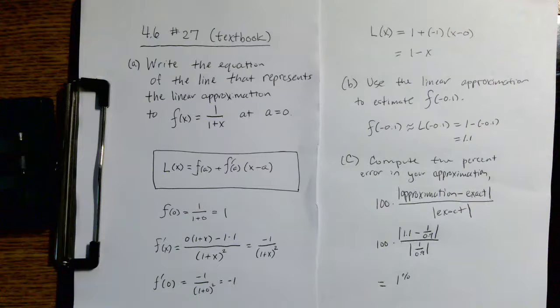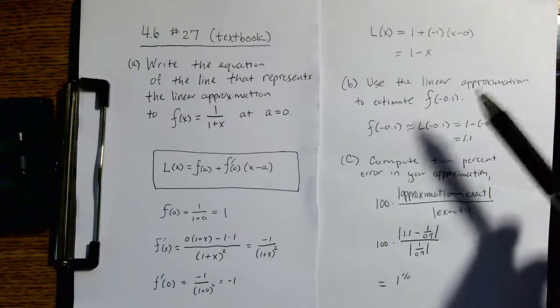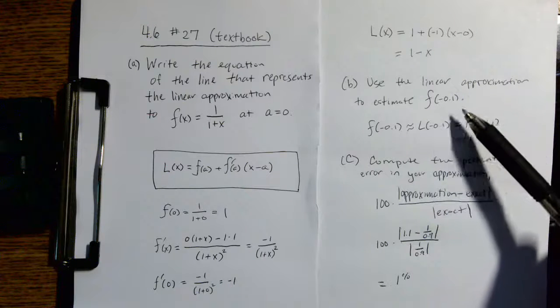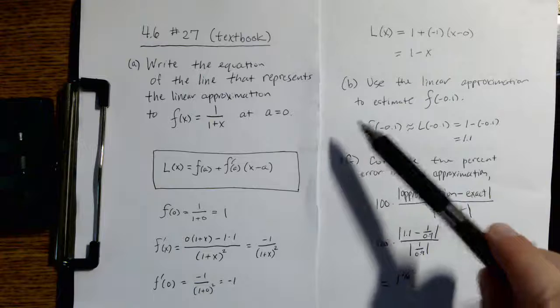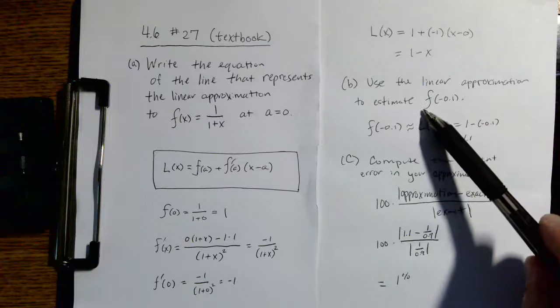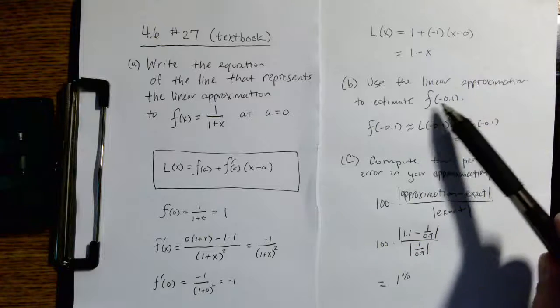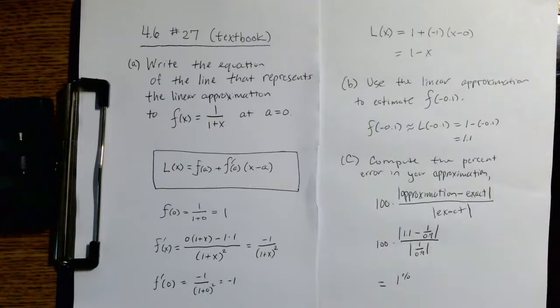Part B of this problem says, use the linear approximation to estimate f of negative 0.1. So this is, again, going back to what I said about how we're using this line that we are calling the linear approximation, but we could call the tangent line. We're using it here to estimate the evaluation of f at a point near a.